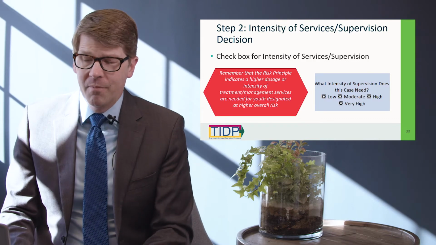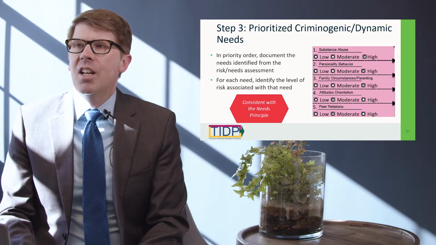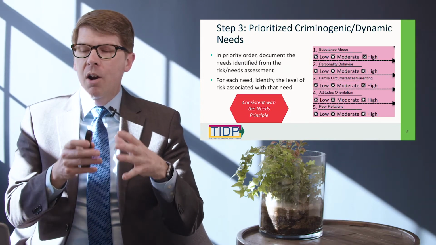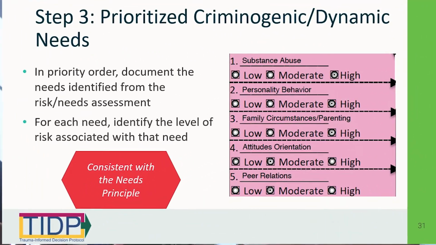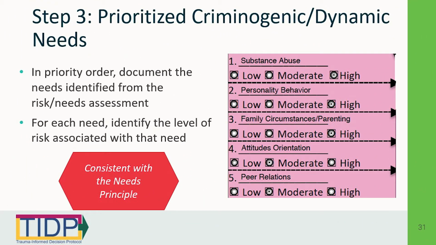So that's step 2. Step number 3 is really thinking about and prioritizing the dynamic criminogenic needs that you've identified and that emerge on the YLS CMI. On the TIDP form itself, there's a spot for listing up to 5 criminogenic needs.